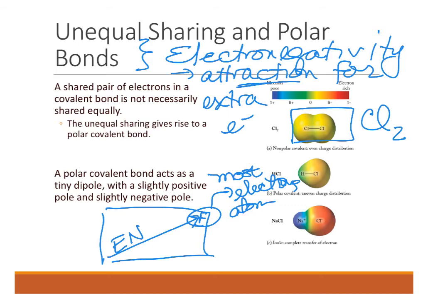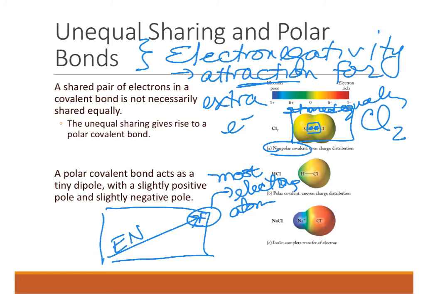So when you talk about a chlorine bond, it's a single bond, which means it involves one electron pair, and that shared electron pair that makes up the covalent bond is shared equally. And when we have covalent bonds that are shared equally, we call it a nonpolar covalent bond.